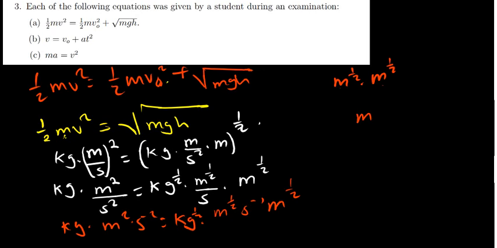So this one is going to be kg times m to the power 2 s to the power negative 2 has to be equal to kg to the power half times m, and then s to the power 1.